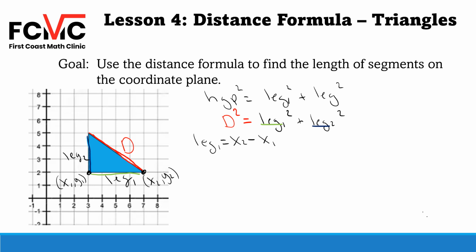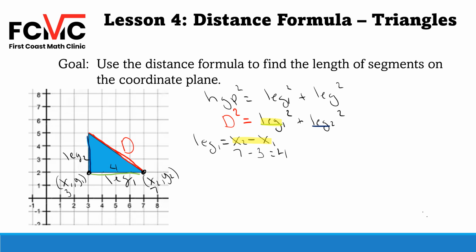Because if we think about it, the length of this leg is 1, 2, 3, 4. I can get that by subtracting my 7 here minus my 3. So 7 minus 3 equals 4. So that's my length of leg 1. So we're going to use this expression for leg 1.